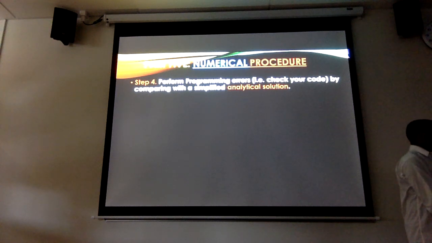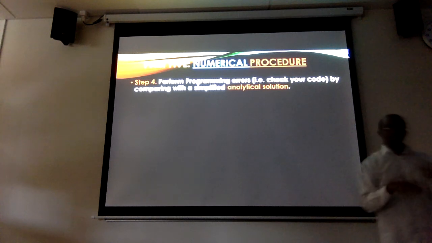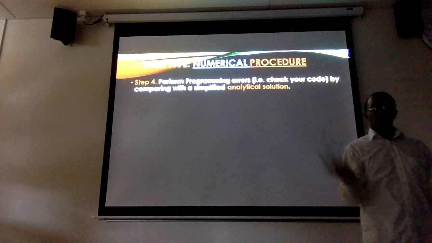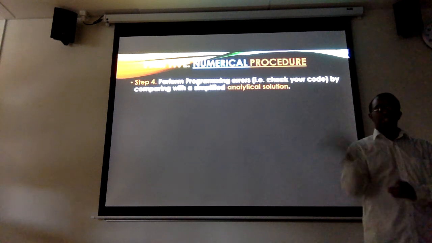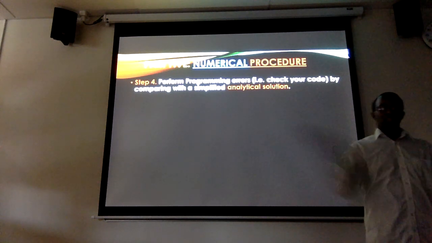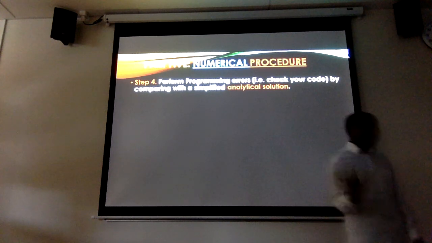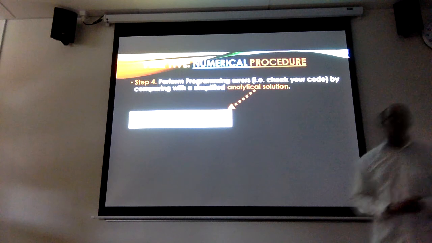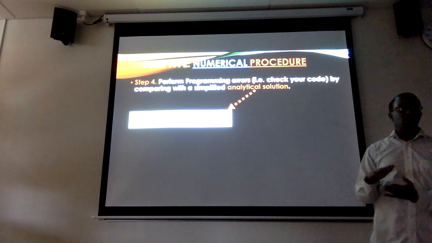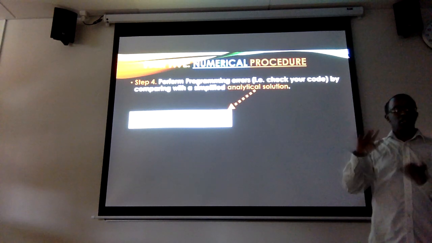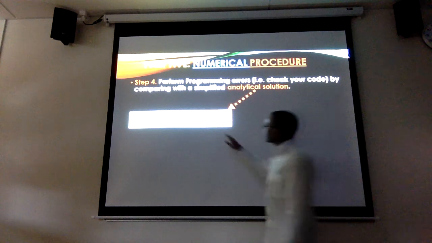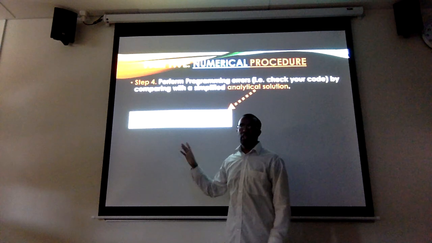Okay. So the next step is to verify the code. When you're doing your MATLAB coding, sometimes you can make mistakes, but MATLAB can still work, and you can actually get an erroneous answer and say, "Oh, it looks fantastic." So you need to check your code, and the way you do it is by comparing it with an analytical solution. You saw that complicated equation. We just bring it down into something much simpler, and then we solve it analytically, like we did Newton's.